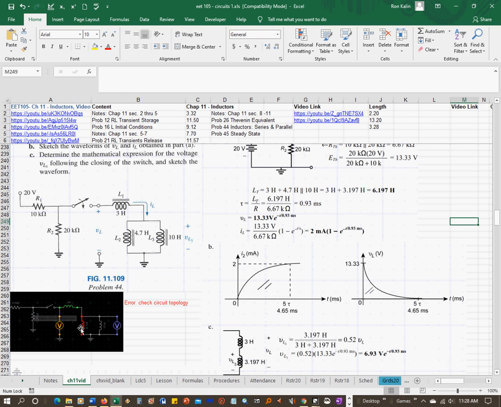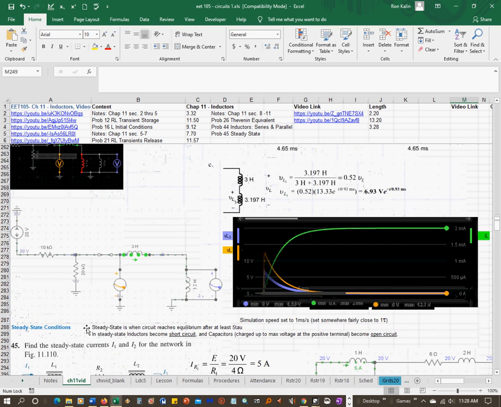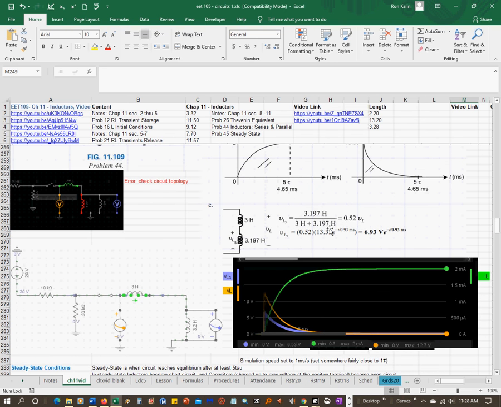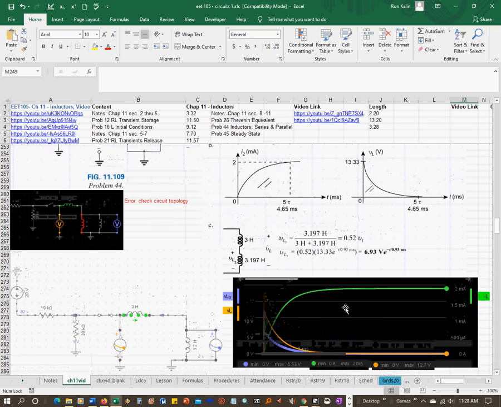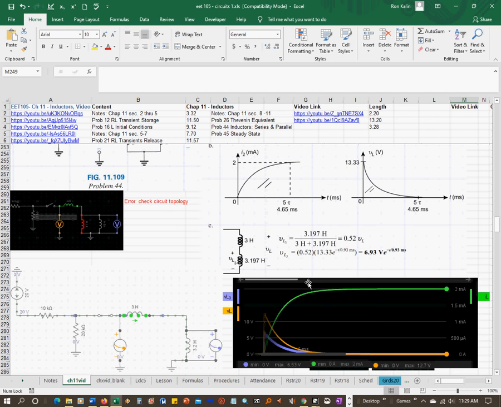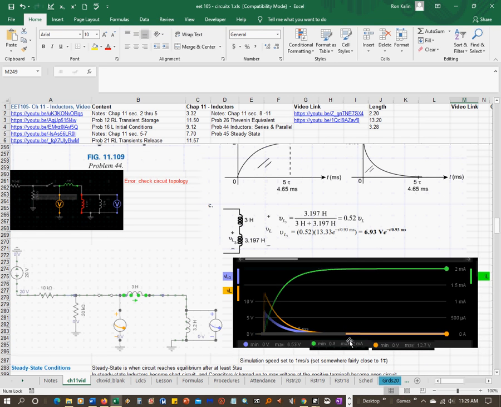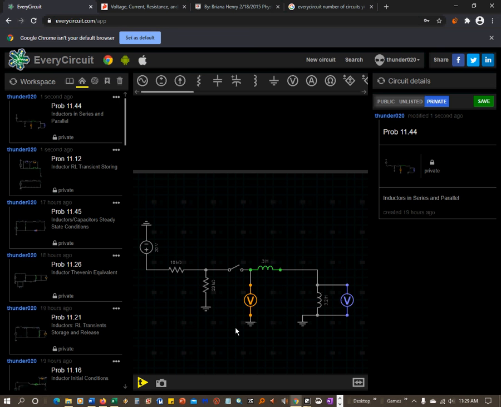So it will not even allow you to draw it just like this. It showed this up in red. So what I ended up doing was drawing it with this 3.197 henry inductance, the equivalent of the two in parallel, and then did it that way and got my graph, which again is very similar to the values that we found here. And I'll show it to you in the circuit here.